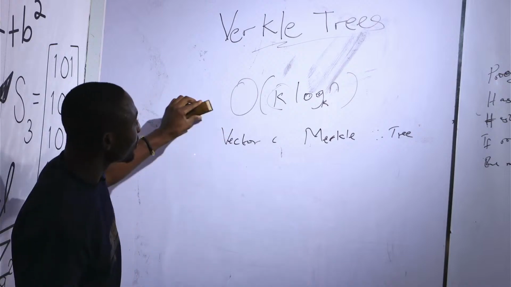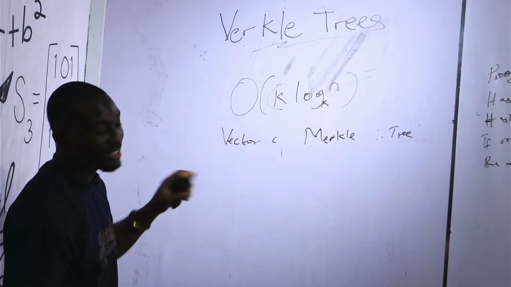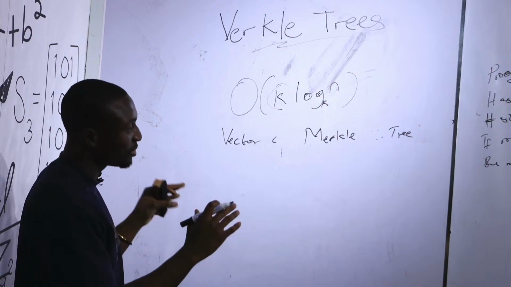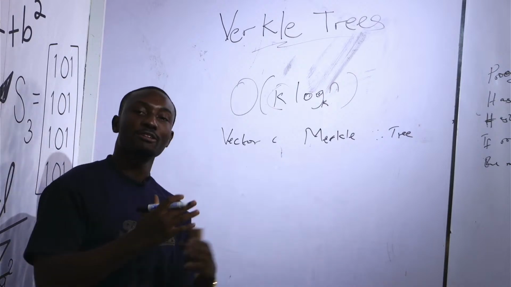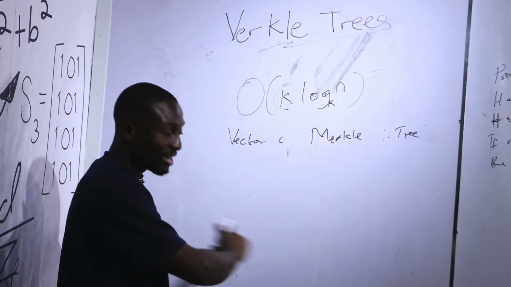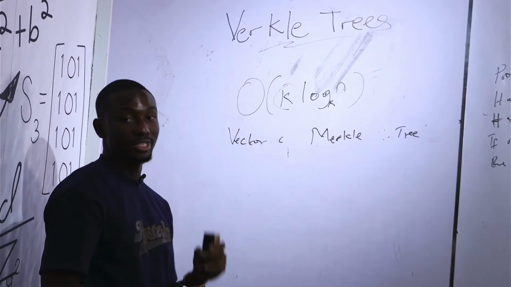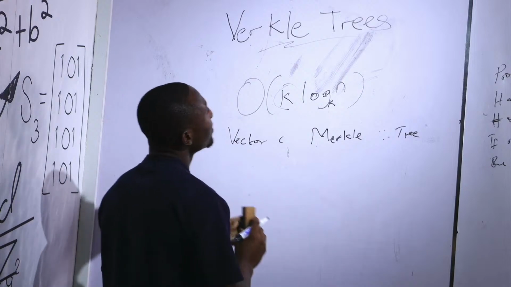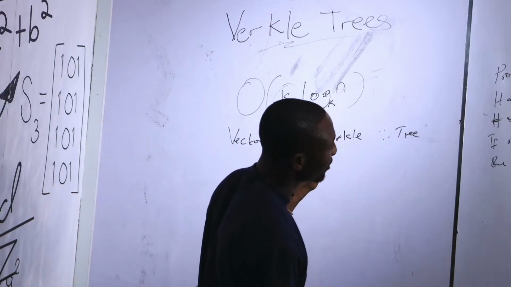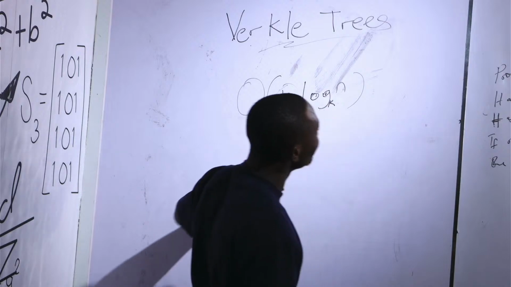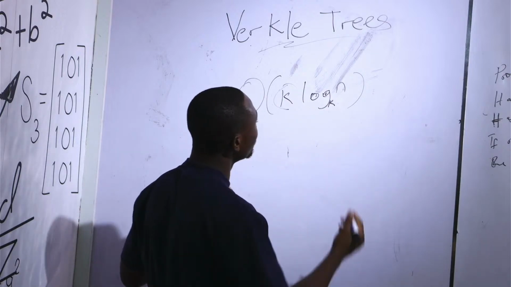So now, Verkle trees just replace where you're hashing. Instead of using a hash to calculate the commitment for a branch, you use a vector commitment to commit to all the values on that branch. So that will give you a constant value. So let's convert the tree we designed the first time into a Verkle trie.